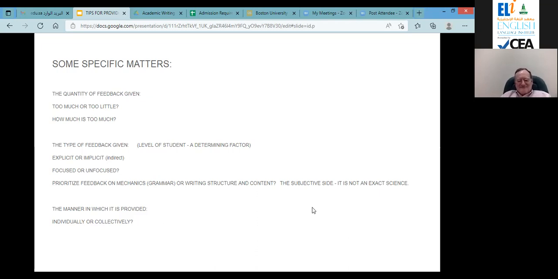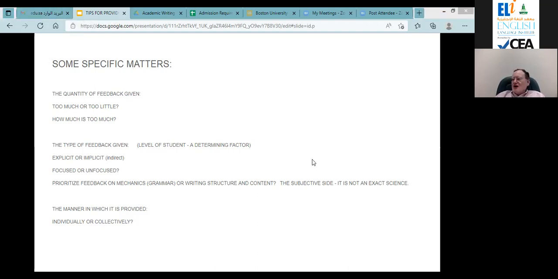But what do you do? Again, it's not an exact science. Do you underline the mistake and write the correct version above it? Do you just underline the mistake?